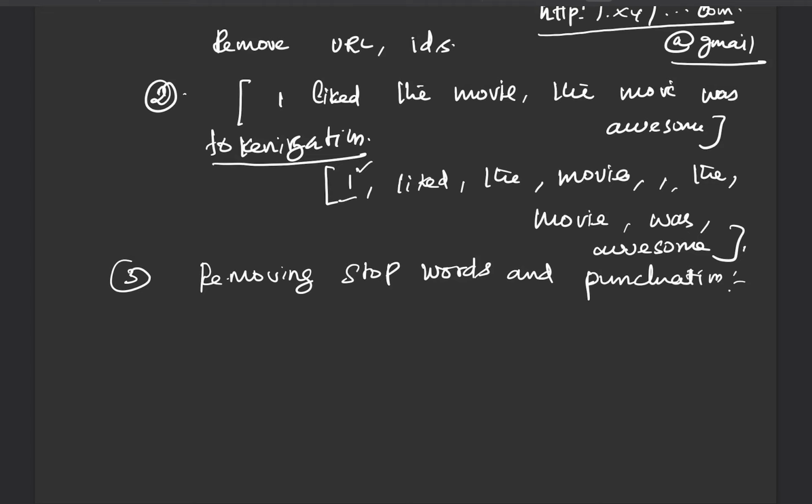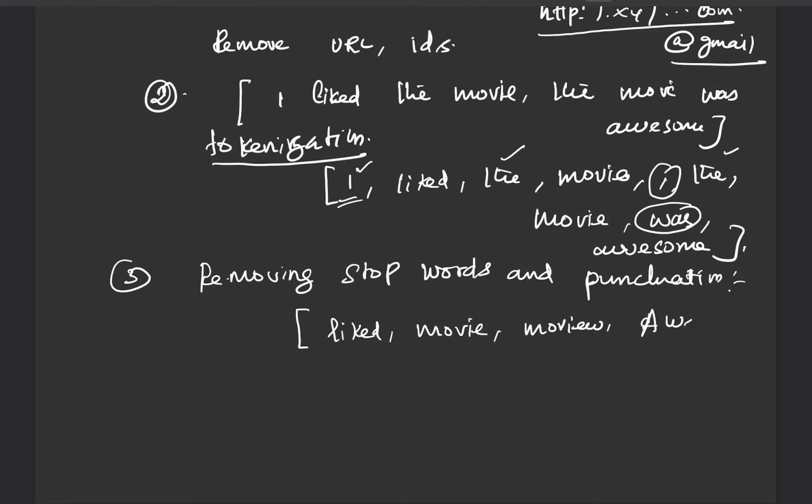It has no value added, so it is not a meaningful feature to add into my feature list. So I would be removing the word I. Likewise the, again the, the punctuation comma, and was. So remove all these stop words and punctuations. Once I remove these, my list would be reduced like this: liked, movie, movie, awesome.